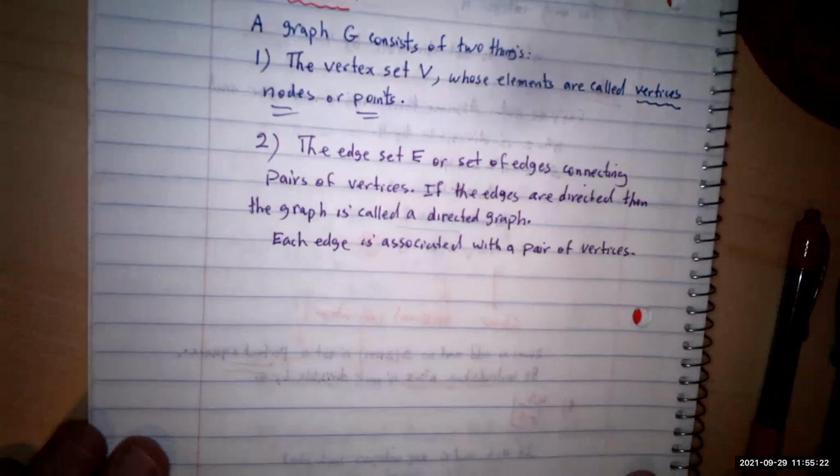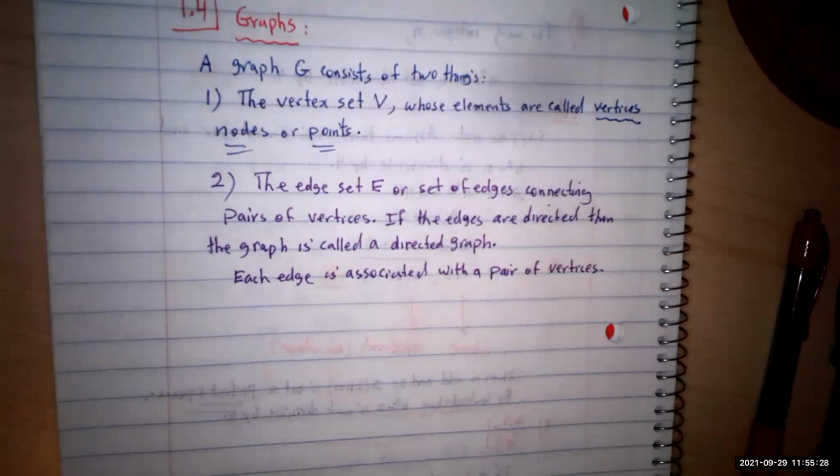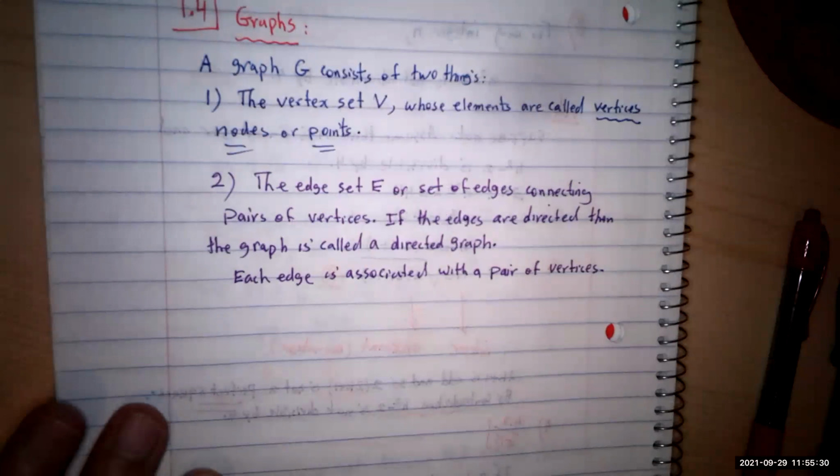Okay, so that's the definition we are going to have: a collection of points and the lines in between. That's it. That gives you the graph.